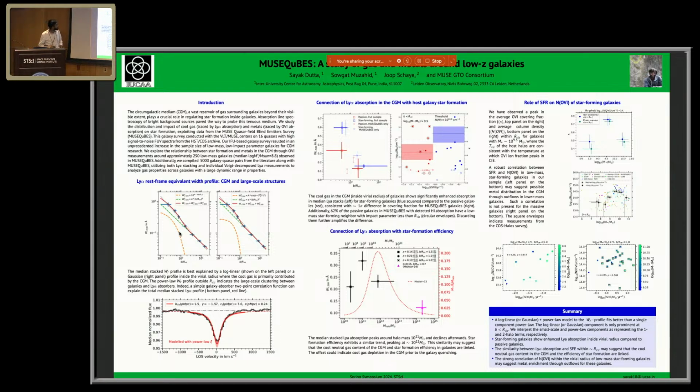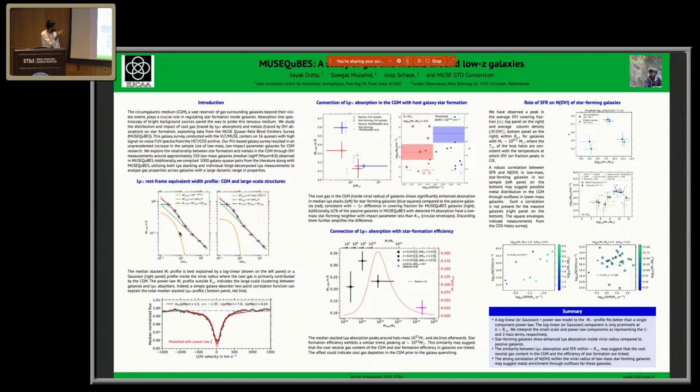Hello, I'm Sayak. I'm a PhD student at IUCAA, India. In this work, what we have tried to do is probe the distribution of neutral hydrogen in the circumgalactic medium traced by Lyman alpha, and the metal in the warm hot phase traced by O VI, with our own MUSE-Cube survey alongside a compilation of almost 5,000 quasar-galaxy pairs from the literature.